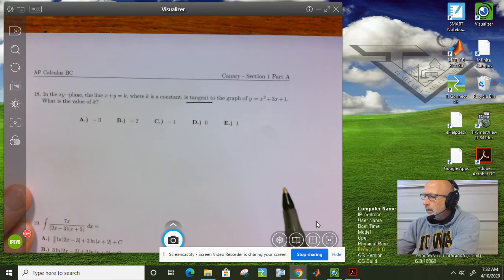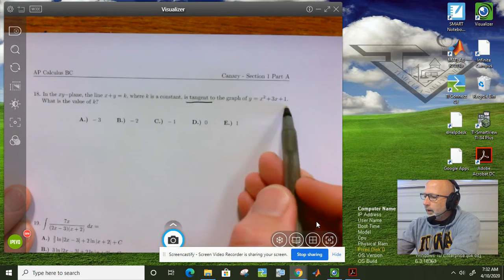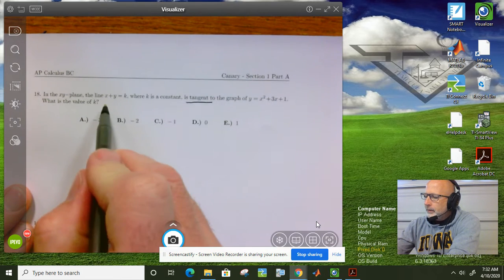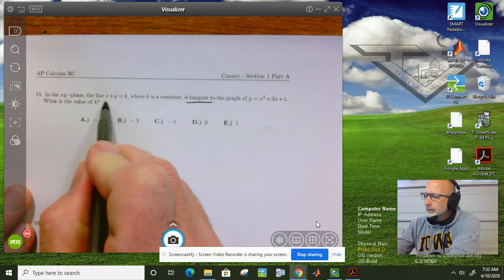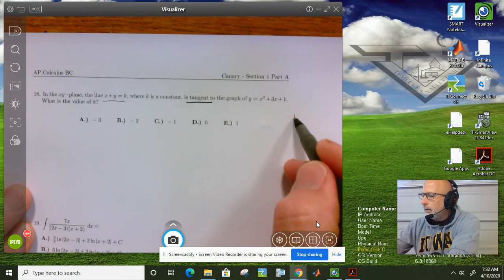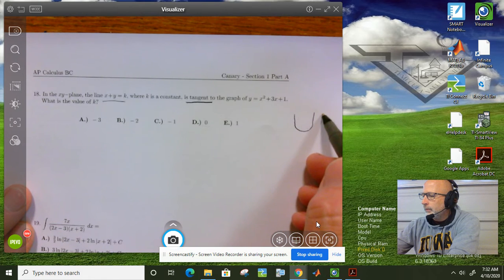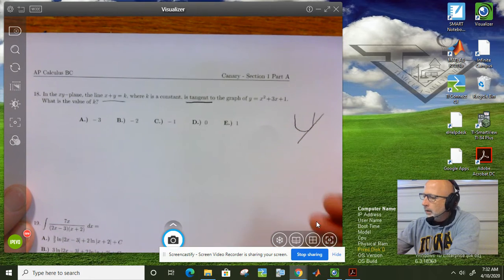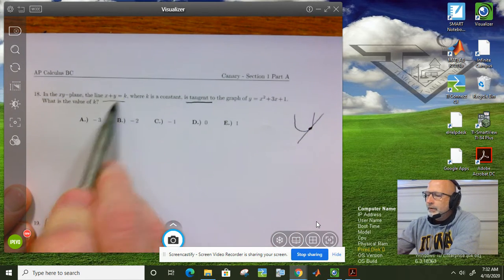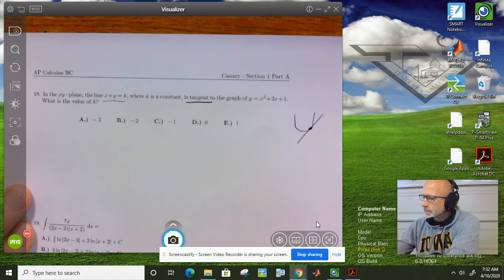We have some sort of curve here. This is a parabola, and I know that this line is going to be tangent to it. I don't know exactly what it looks like, but maybe it looks something like that. We need to figure out what the x and the y value are there, because if I figure out the x and y value, it will tell me k, which is my answer.